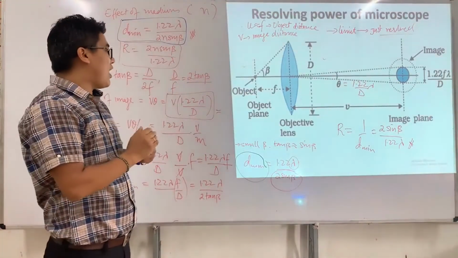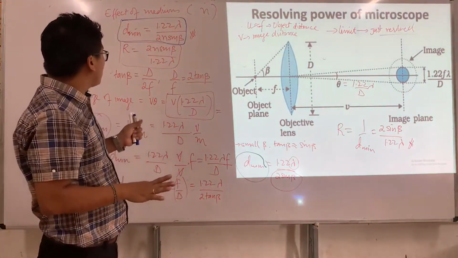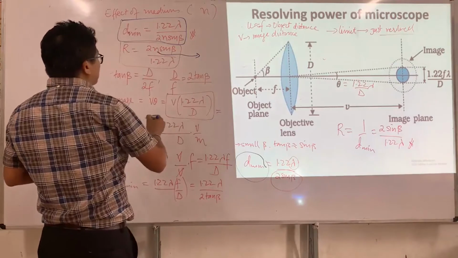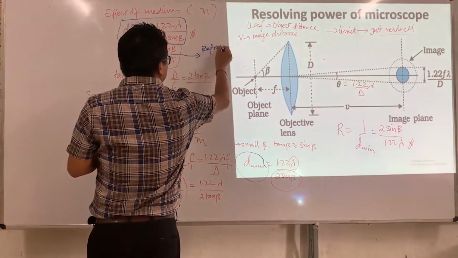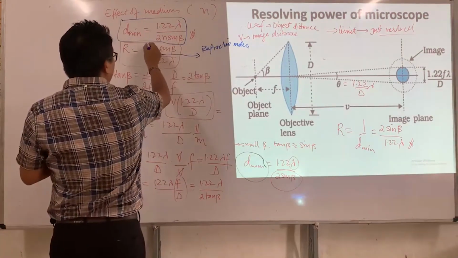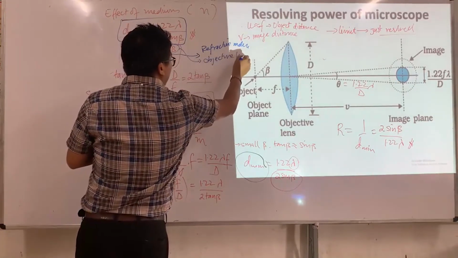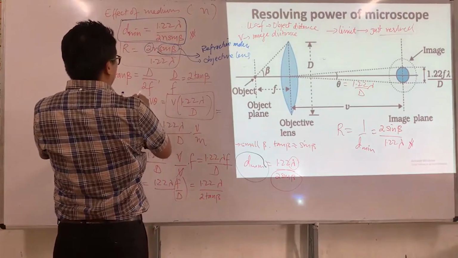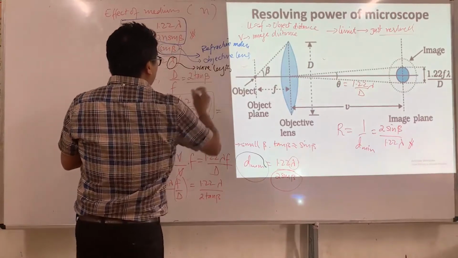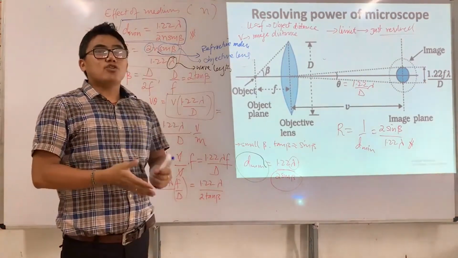So the resolving power of a microscope is defined by this refractive index, this 2, the objective lens, and the wavelength.